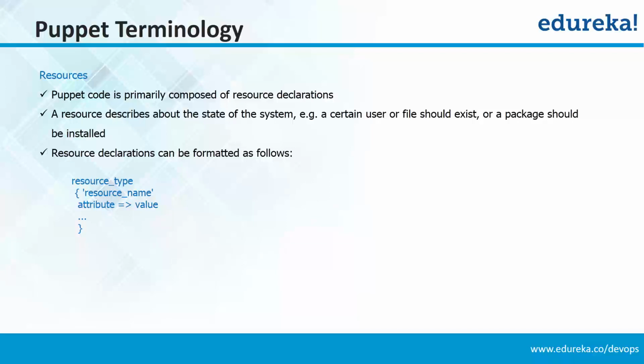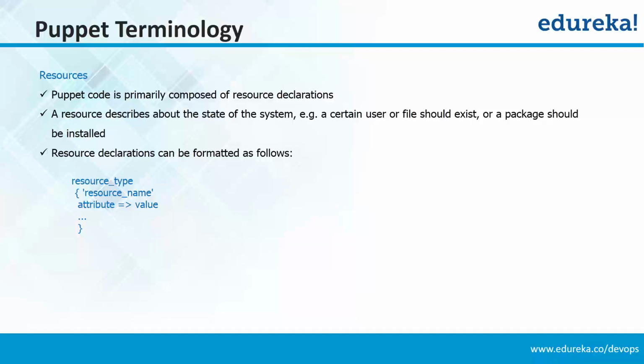Typically most of the code consists of resource declarations. A very, very simple example of a resource: a user is a resource. A file is a resource. A group is a resource. Maybe a directory. You want a directory to be created? A directory is a resource.